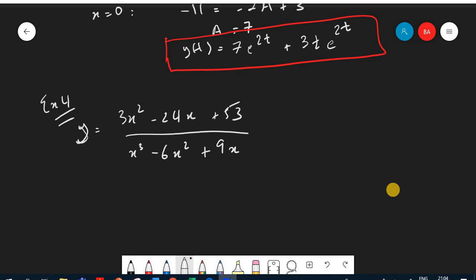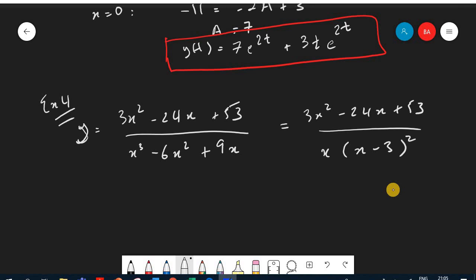Okay, it looks like I can take an x as a common factor, and then I'm going to have x squared minus 6x plus 9, which is another factorization that I can do. And if you do this, you're going to find out that it's going to be x into x minus 3 the whole thing squared.